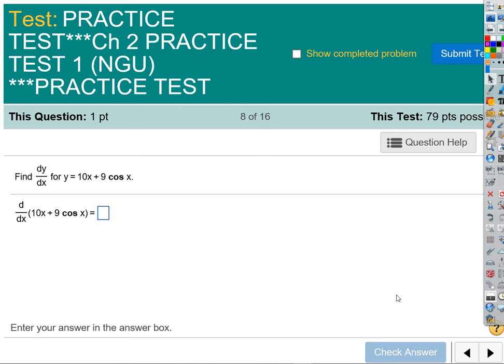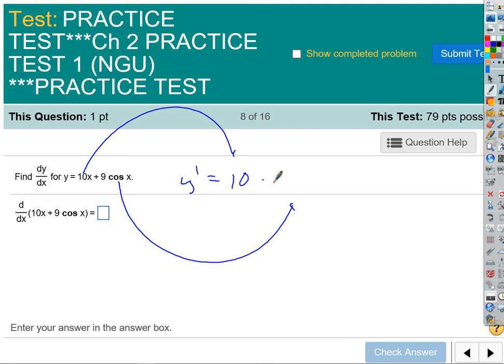Okay, what about this one? Just two terms, I just differentiate term by term. What's the derivative of the first piece? Derivative of 10x? 10. What's the derivative of 9 times cosine x? Yeah, 9 times negative sine x, so we'll just make it negative 9 sine x.